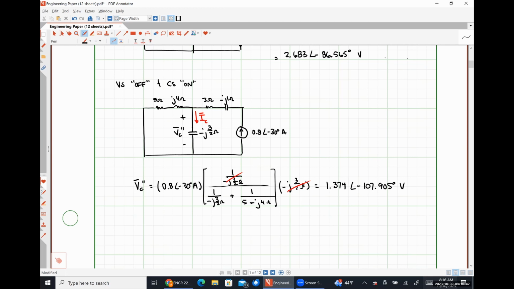Give you guys a moment to do that math, make sure you get the same thing. And just to be super clear, what I did here is simply me finding the current that I've labeled IC, and then I'm multiplying it by that impedance using Ohm's law to give me the voltage that I was looking for.